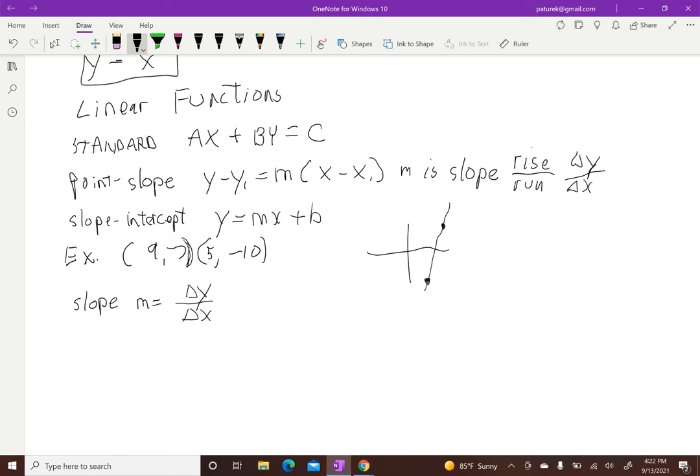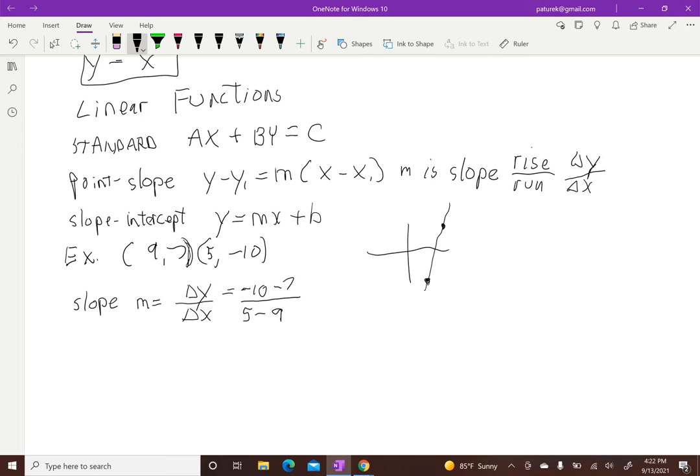For the y value, it's the final value, so this is equal to -10 minus the initial value, so -7, all that divided by the final x value, which is 5, minus the initial value of x, which is 9.